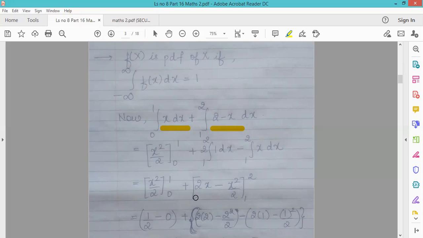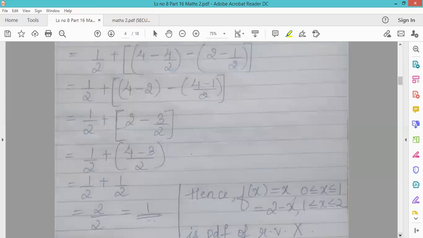In the similar manner, in the second function, we'll put 2 first and then subtract 1. So as you can see, 2 into 2 minus 2 square upon 2, minus again, because this is the function in which we put 2. Now from 2 we have to subtract the lower limit. So 2 into 1 minus 1 square upon 2.